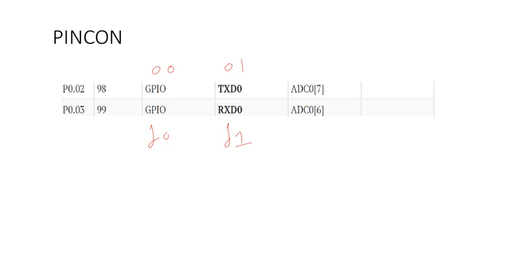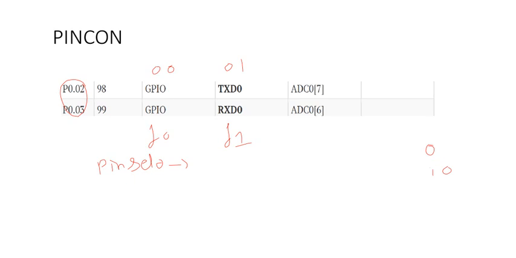The pins which we are going to use are port 0, pin 2 and 3. If you look at PINSEL0, each pin location has 2 bits. Pin 0 has bits 0 and 1.